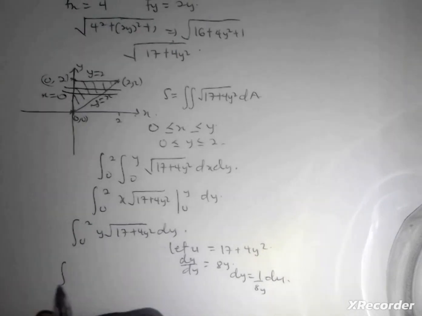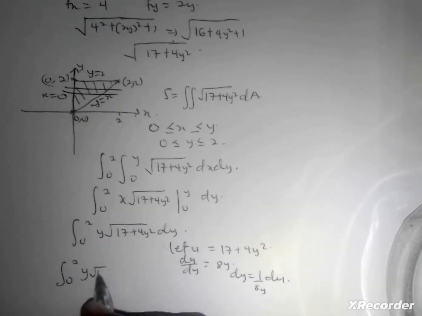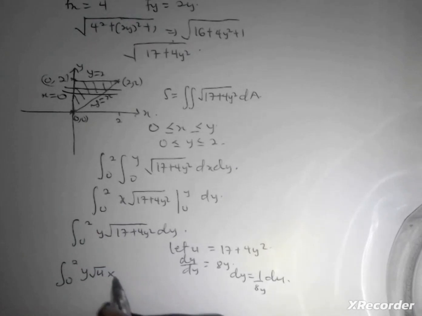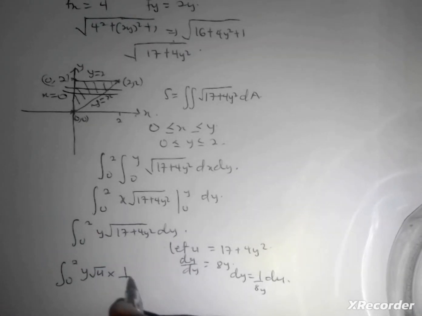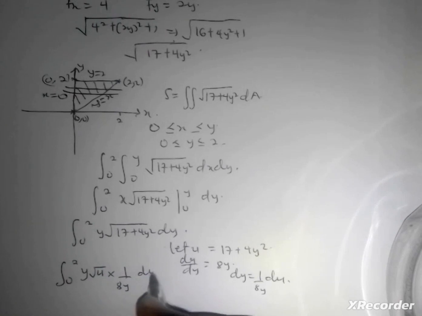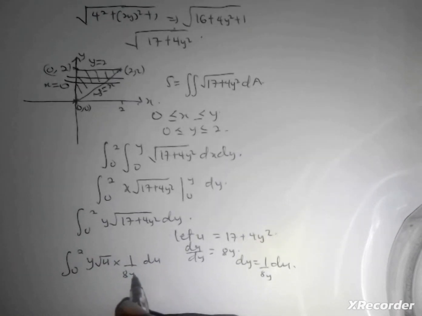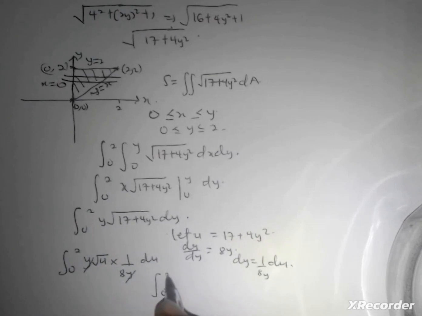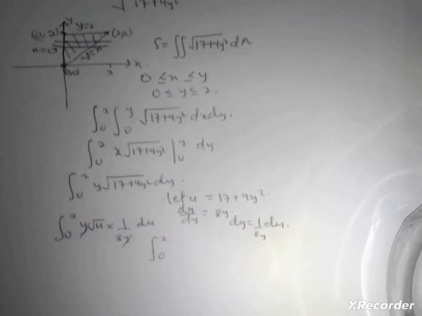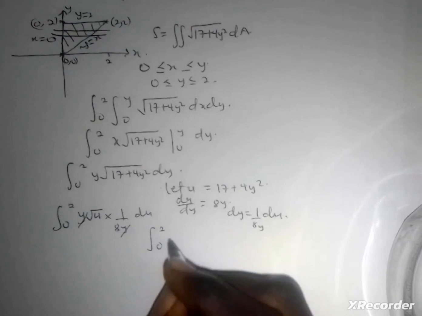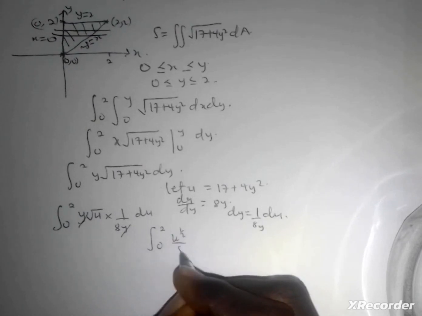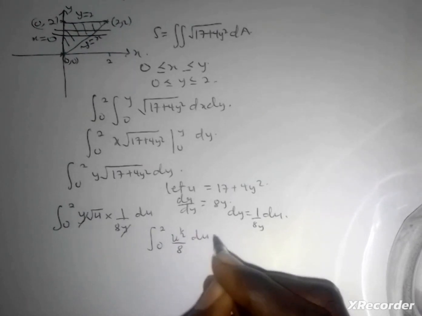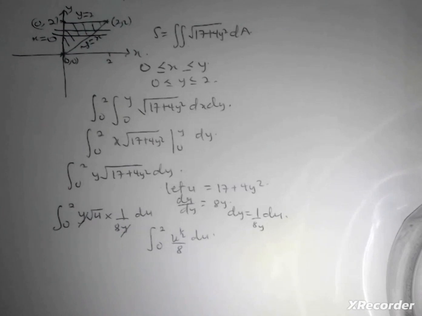So the integral from 0 to 2 of y multiplying the square root of u, multiplying dy, which is 1 over 8y du. Then this y simply cancels this y. Then I'm going to get the integral of u to the power half over 8 du. So I have everything in terms of u.